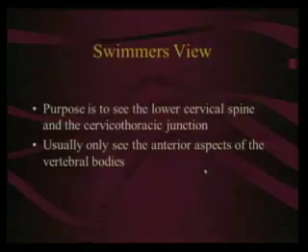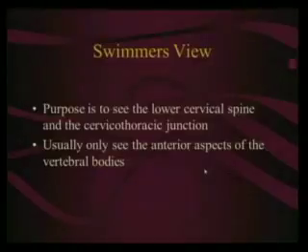Okay. Now, swimmer's view. The purpose of the swimmer's view is to see the lower cervical spine and the cervicothoracic junction. The problem with that is you usually only see the anterior aspects of the vertebral bodies. That lets us know, is it aligned? Do we have a compression fracture of one of those vertebral bodies?